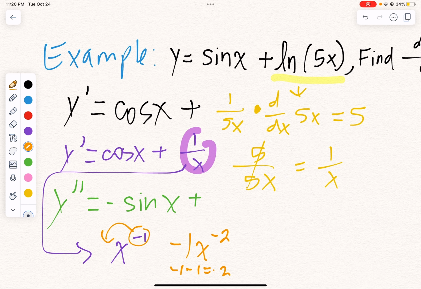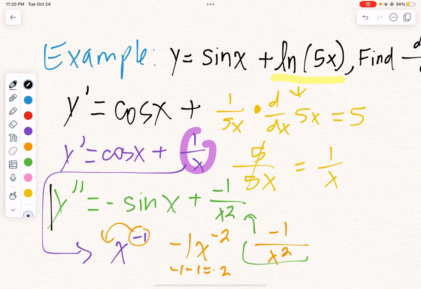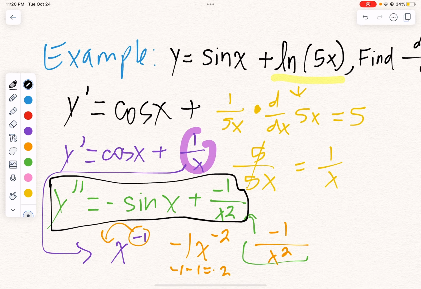Not 0, guys, not 0. And that can be written as negative 1 over x squared, because remember, a negative exponent just puts it in the denominator. So you'd plug that in right there, and that would be written plus negative 1 over x squared. Sorry, it's very messy, but that would be your final answer there.